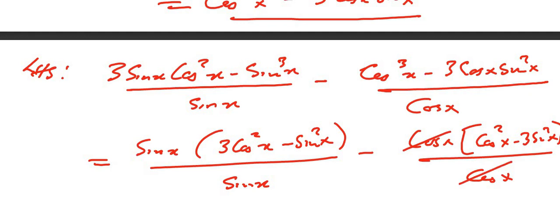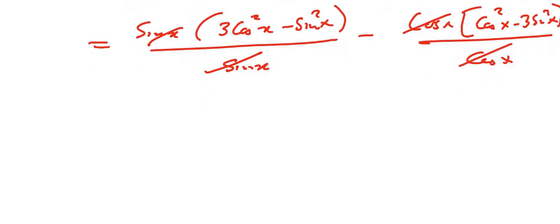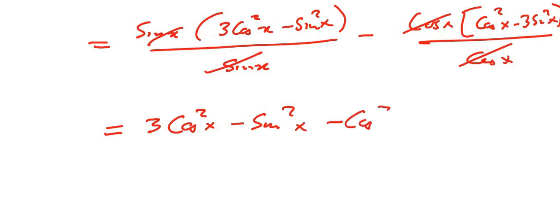So this cos and this cos cancel, this sine and this sine cancel, meaning we're just remaining with 3 cos squared x minus sine squared x. The negative affects everything on this side, so this will be this, and then plus 3 sine squared x.